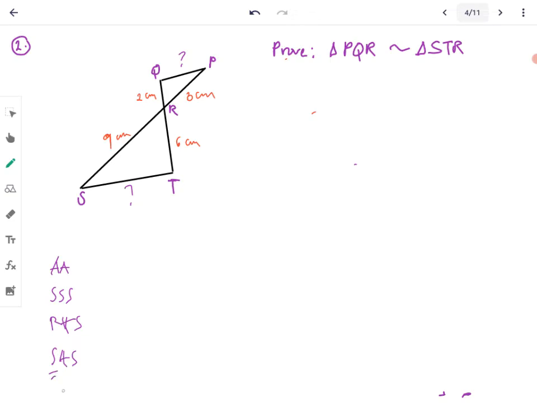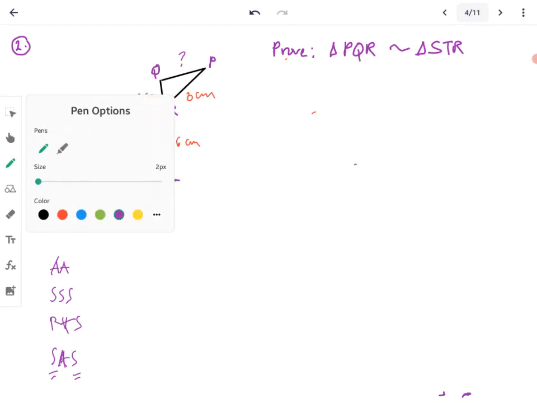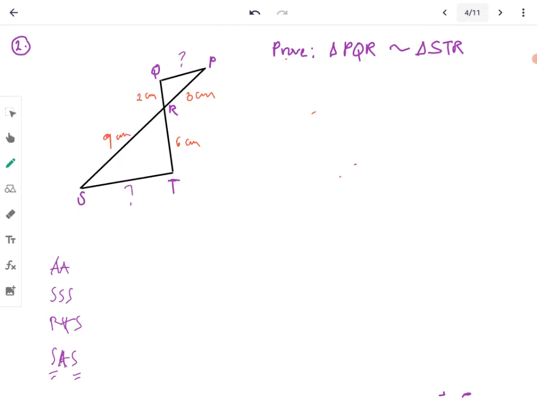There are two sides given, two corresponding sides, and we can look for the included angle. Let's try to pair. From the names themselves, we can pair the corresponding sides and make a ratio of them. We can do PR and SR. So PR is to SR, that's the ratio.